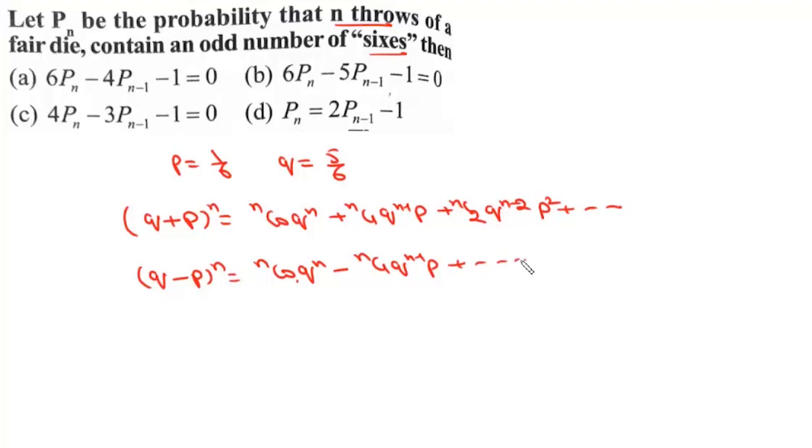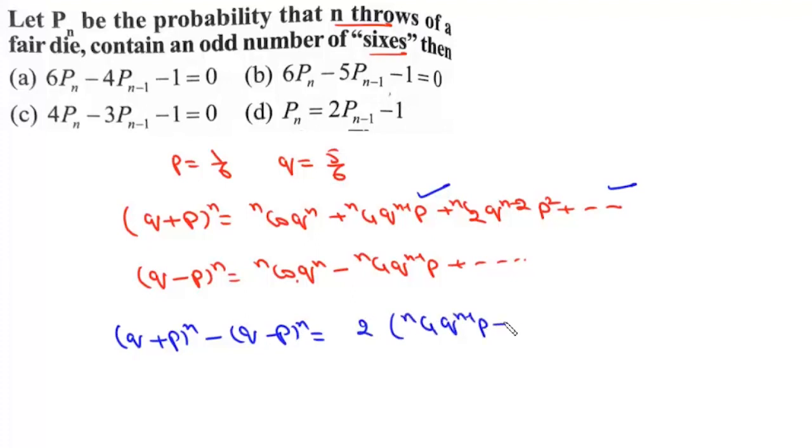Now Pn is the probability that it contains an odd number of 6s. So odd number will be 1, 3, and so on. That means we need to find the sum of these terms, the second term, fourth term. So we subtract these two. We can write (q plus p) to the power n minus (q minus p) to the power n, and it will be equal to 2 times nC1 q to the power n minus 1 p plus nC3 q to the power n minus 3 p cubed, and so on.